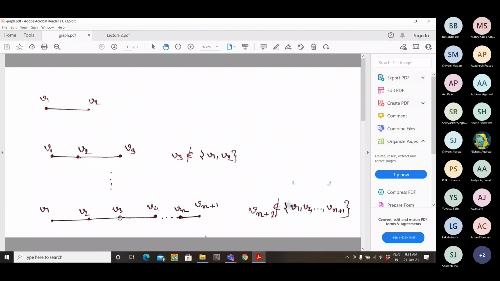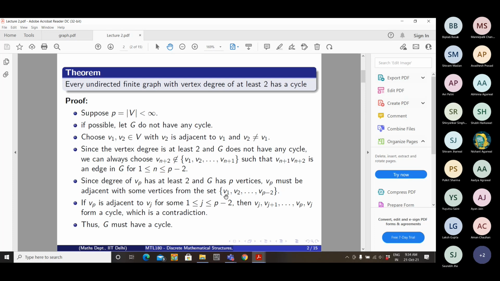Now the degree of Vp is at least 2, so Vp must be adjacent to some other vertex. Means we have this collection of vertices Vp-2, Vp-1 and Vp. Vp is already adjacent to Vp-1, and since its degree is at least 2, Vp must be adjacent to at least one of these vertices. Suppose it is Vj.